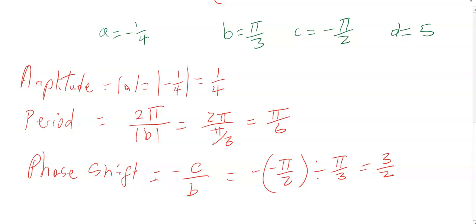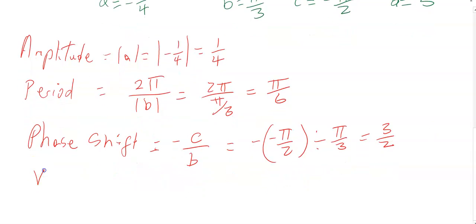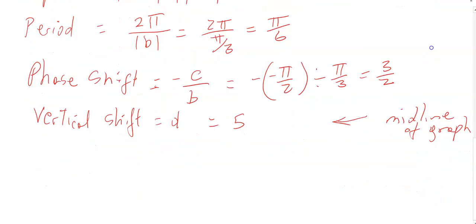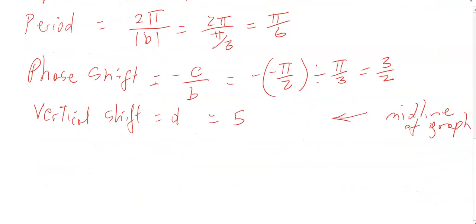Now the vertical shift is just D. It's going to be equal to 5. Your vertical shift is also the midline of the new graph.